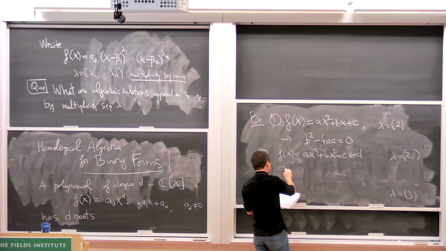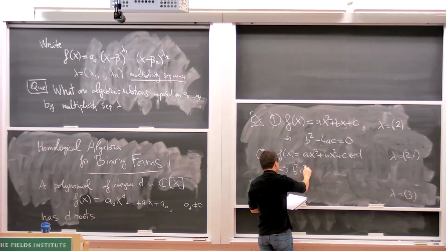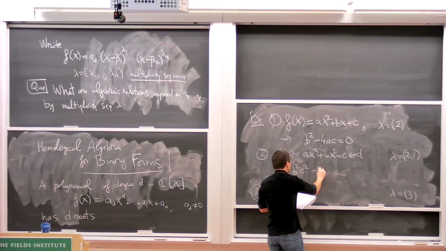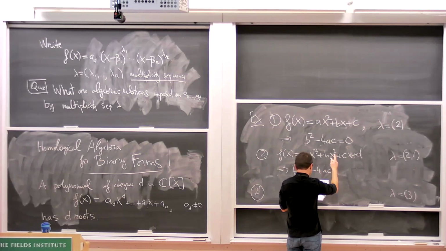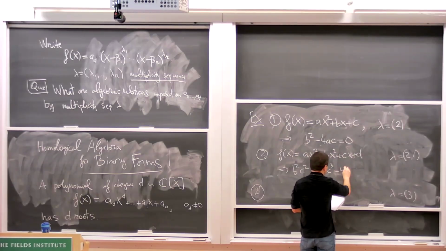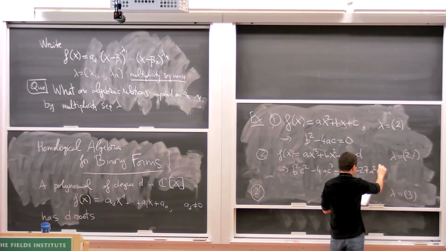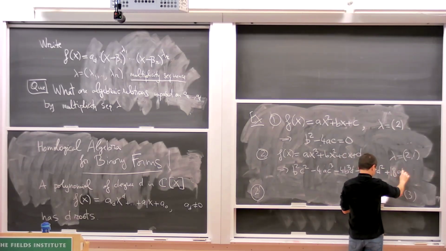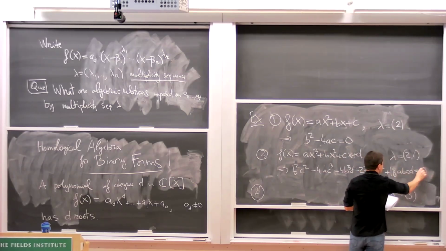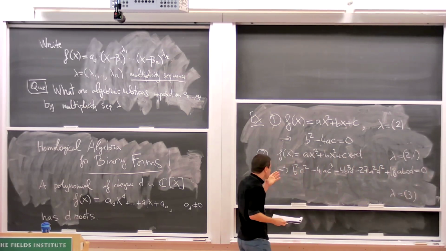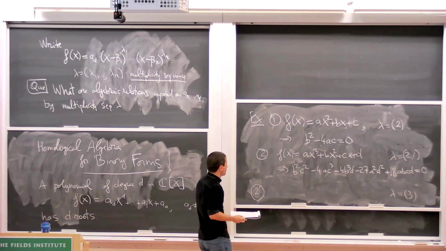It's a little bit more complicated, but you can write it down. So you get a degree 4 homogeneous equation in the coefficients of the form, which is of course the discriminant of the cubic. And I'm going to write it down in case you have not seen this before. Okay, so it's some homogeneous equation of degree 4.